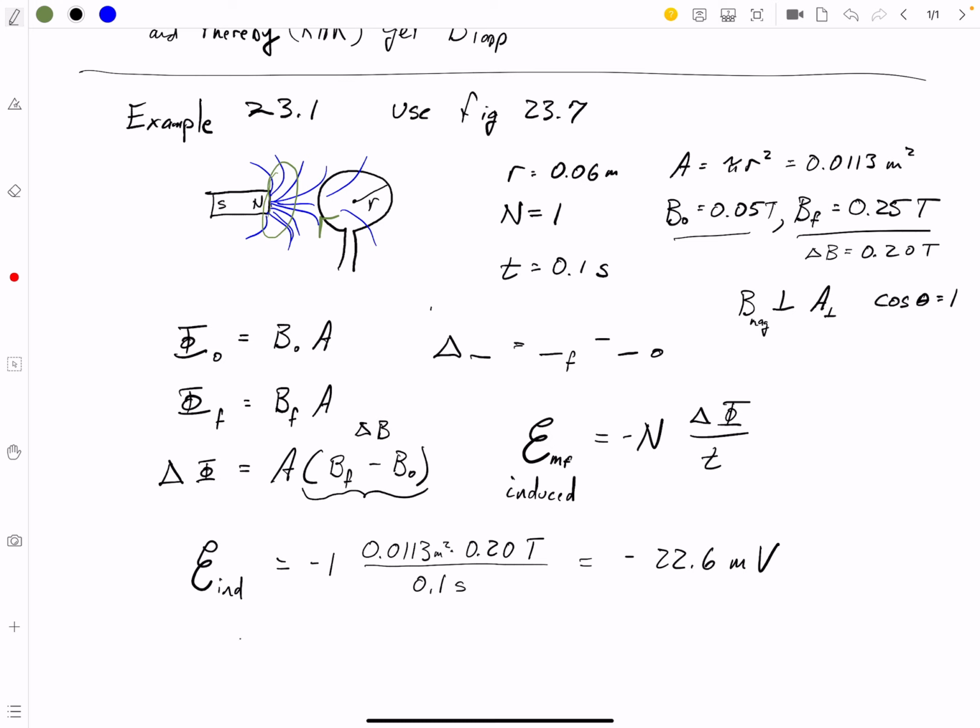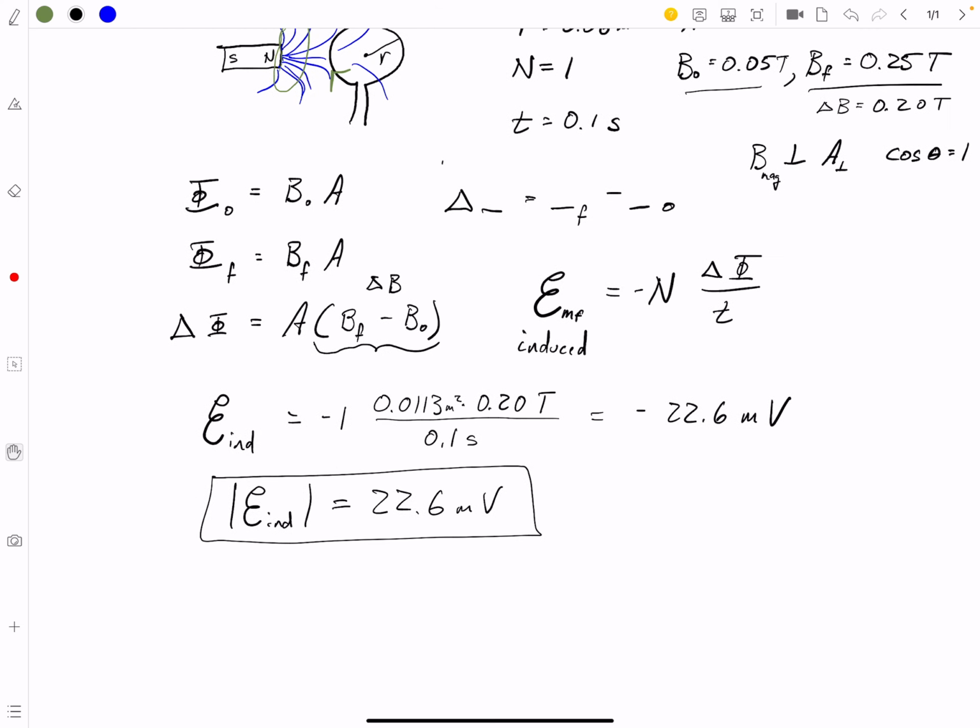So we're asked really for the induced magnitude. So this really is the answer because you're taking the absolute value, and you're getting 22.6 millivolts. Not difficult.